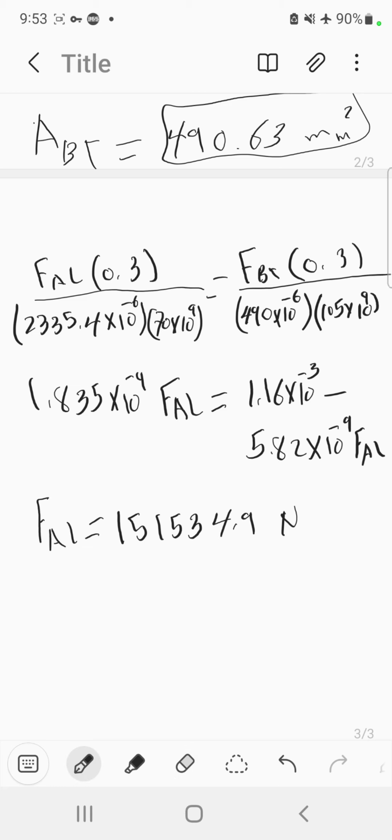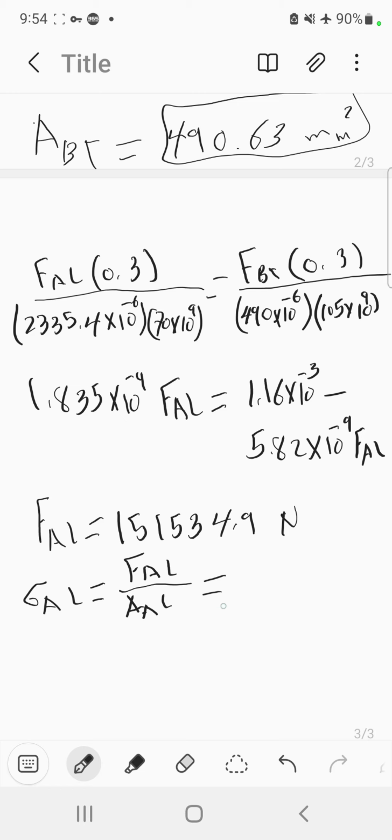So we can solve directly: sigma AL equals the force of AL over the area of AL. We put the numbers here, which is 151,534.